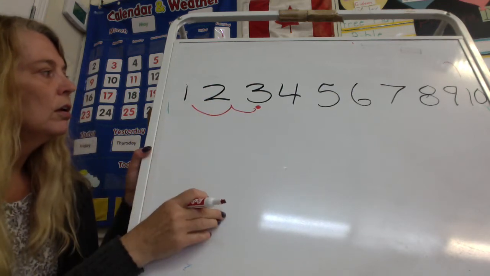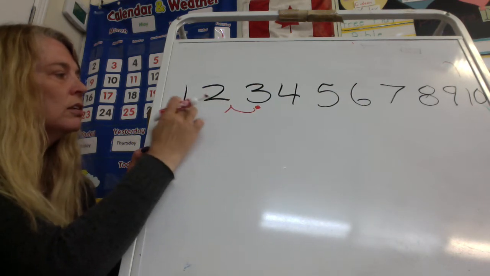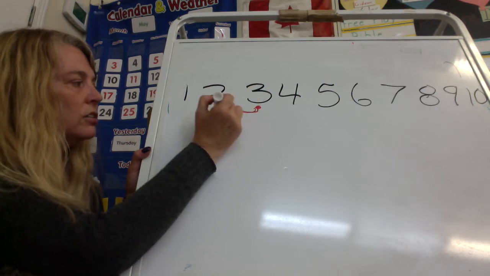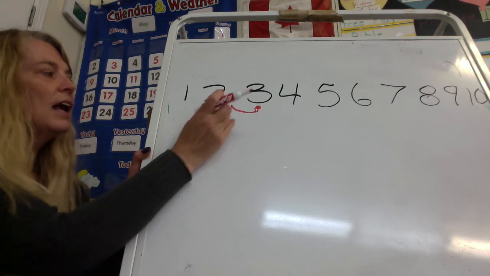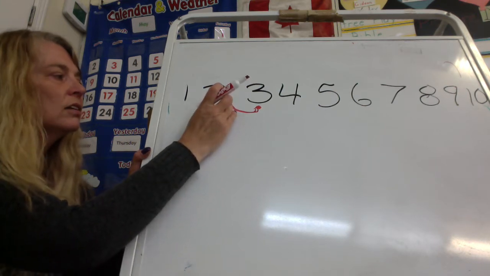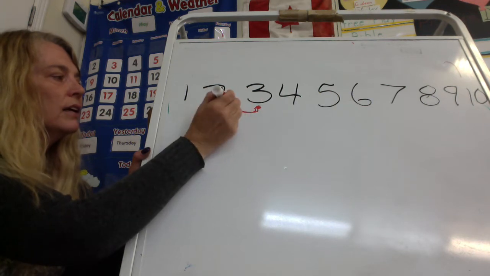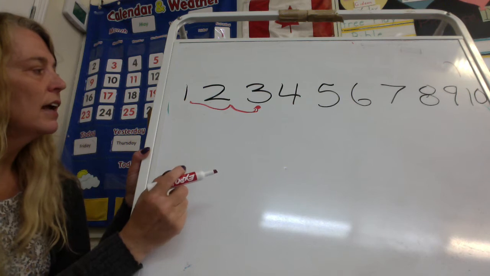So 3 take away 2. 1, 2 leaves us at 1. 3 take away 2 leaves us at 1.